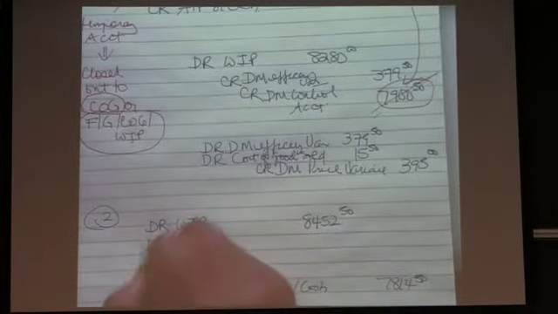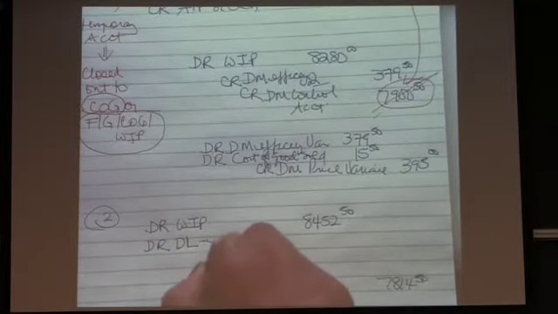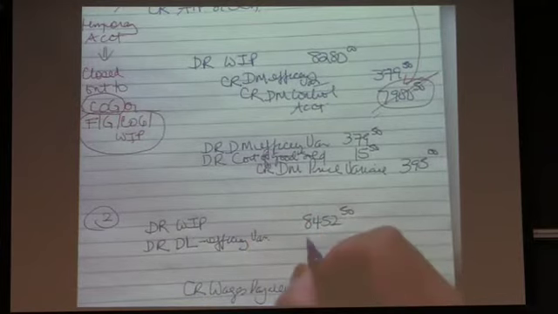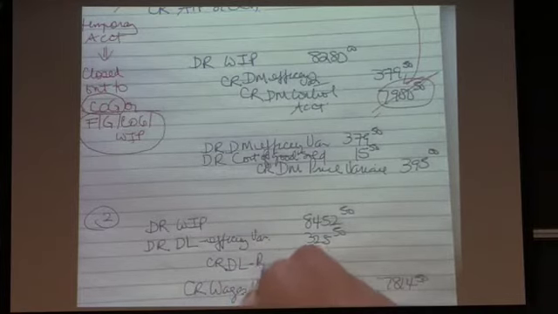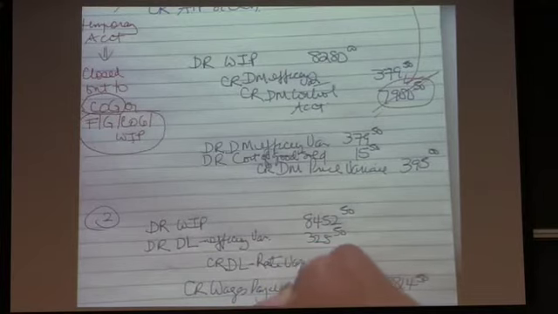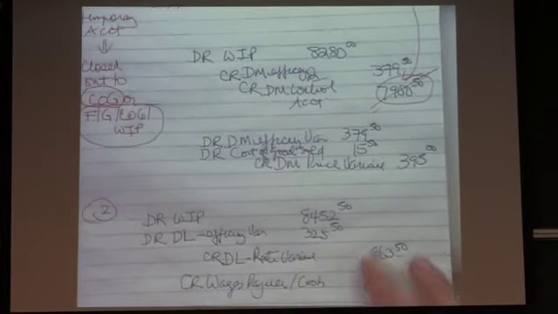So we're going to debit direct labor efficiency variance, and that is $325.50. We're going to credit direct labor rate variance, $963.50. And that's the series of entries regarding standard.